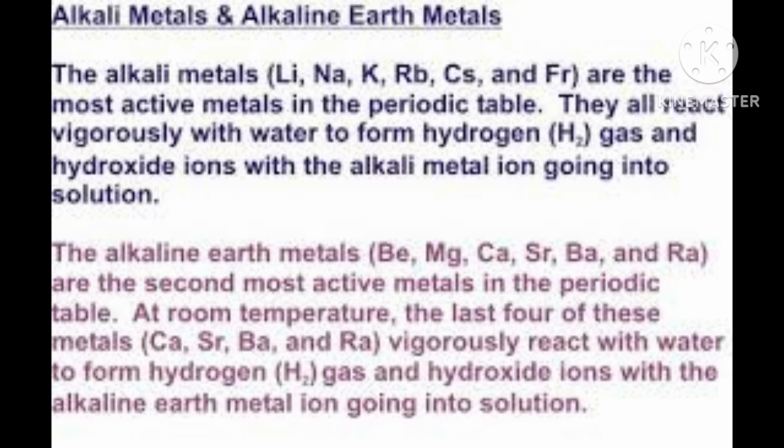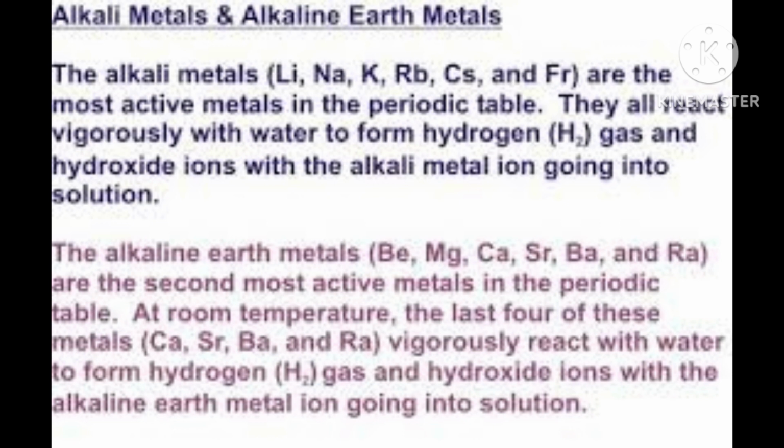The first element, beryllium, differs from the rest of the members of the group, and shows a diagonal relationship to aluminum. Beryllium is different from other members of the group, and it has a diagonal relationship to aluminum.